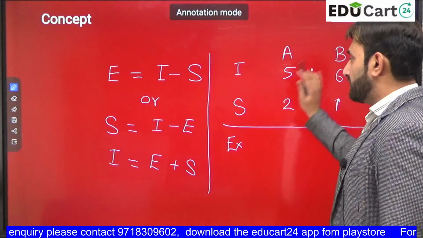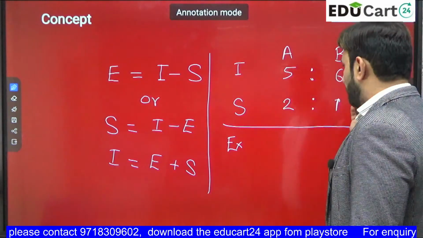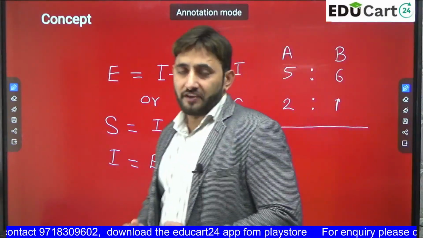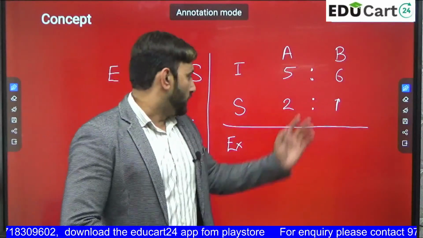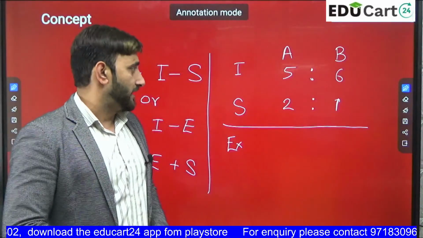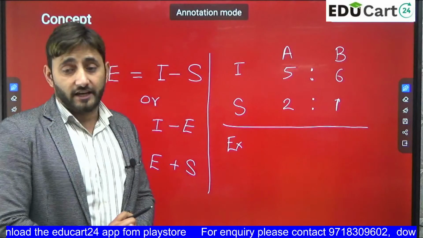A and B, their income ratio is 5:6, savings ratio is 2:1. What will be the ratio of their expenditure?